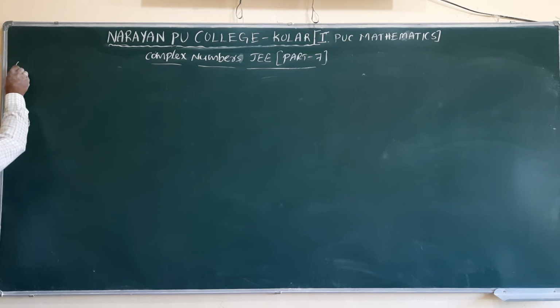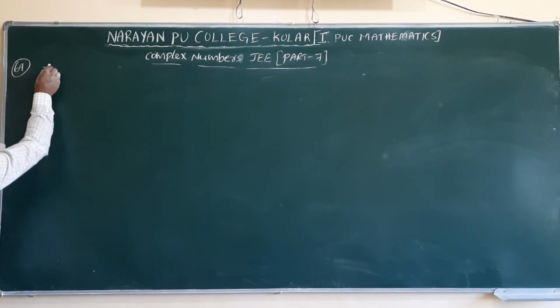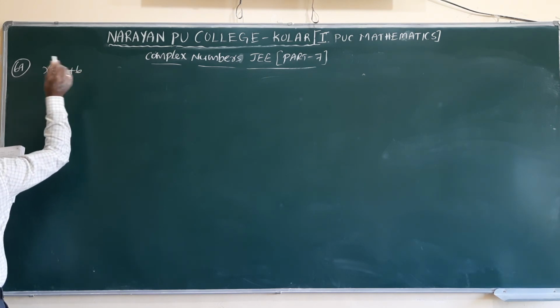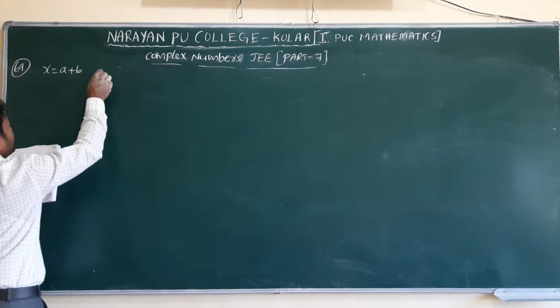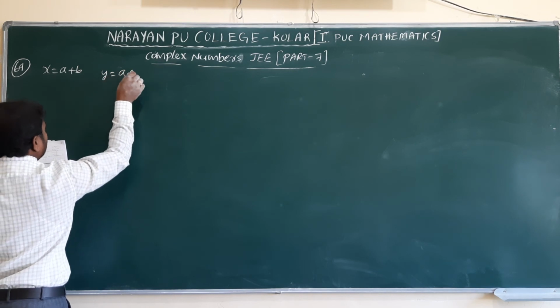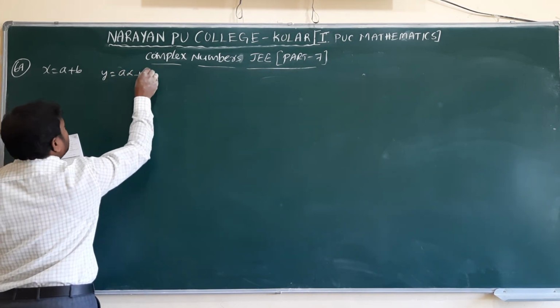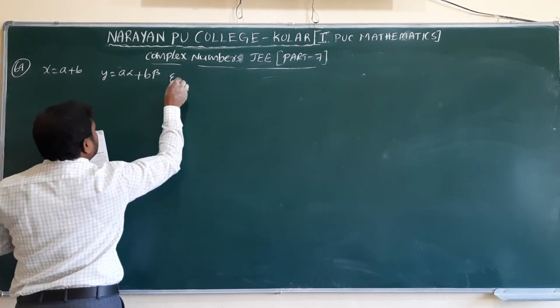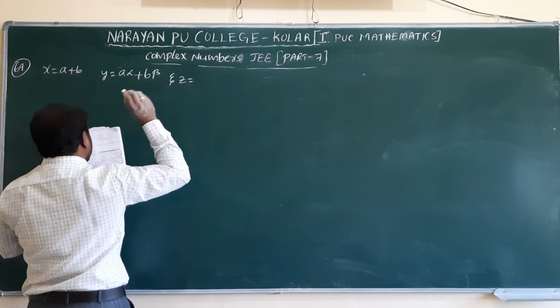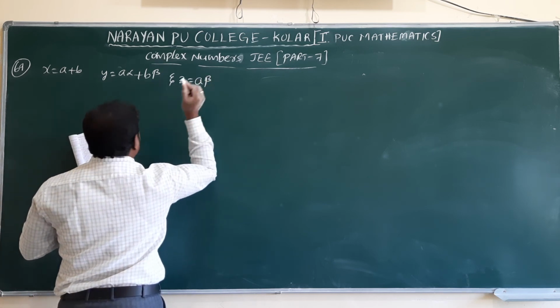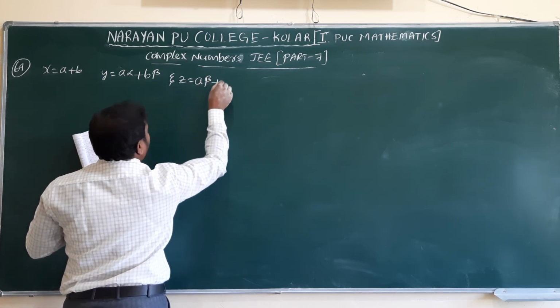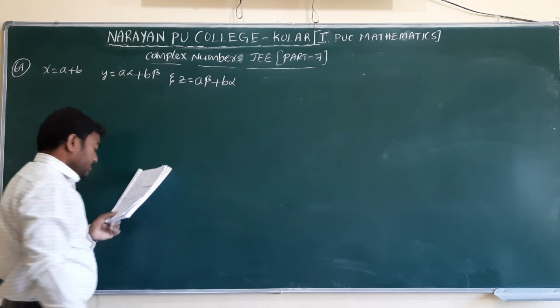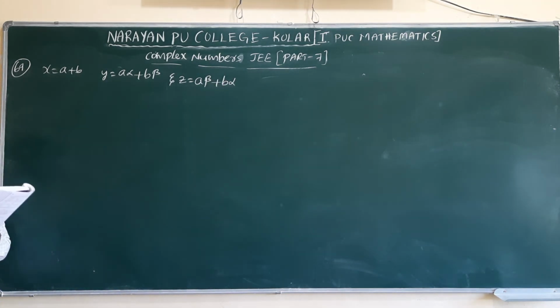Question number 69. If x is equal to a plus b, y is equal to a alpha plus b beta and z is equal to a beta plus b alpha, where alpha and beta are complex cube roots of unity.